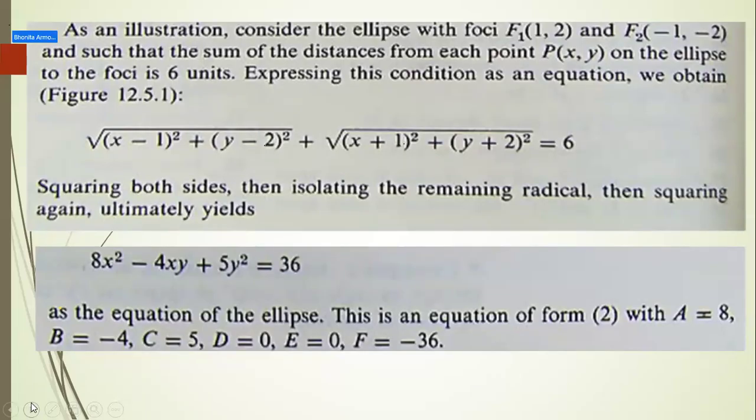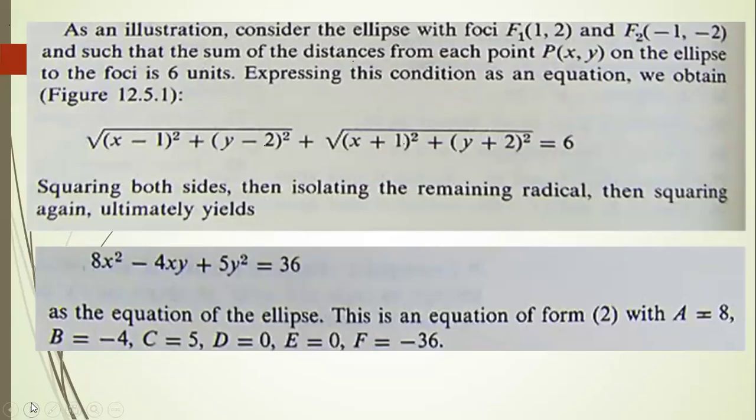So, as an illustration, consider the ellipse with foci F1 (1, 2) and F2 (-1, 2), such that the sum of the distances from each point P (x, y) on the ellipse to the foci is 6 units.